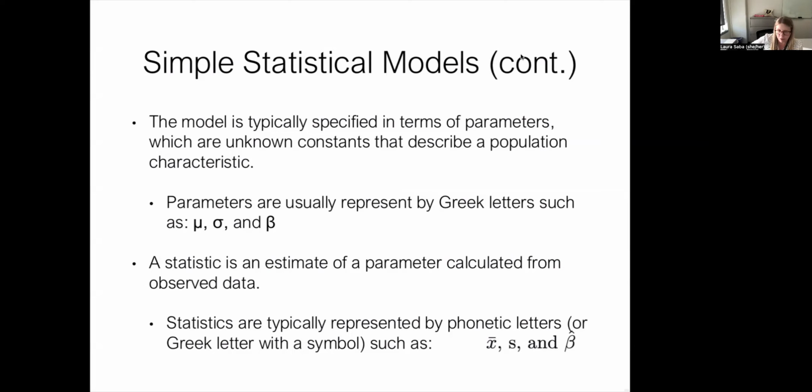If you remember, mu designated the population mean, whereas X bar represented the actual sample mean that we calculated. S in traditional letters equals the standard deviation of our sample.